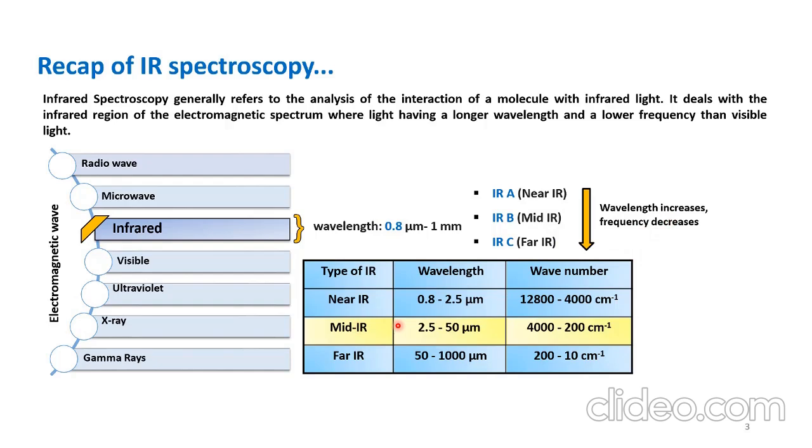The mid-IR range is particularly from 2.5 to 50 micrometer, and in the wave number, if we convert it, then we will get from 4,000 to 200 centimeter inverse. This is the region where most of the organic molecules or compounds show the IR absorption or transmittance.